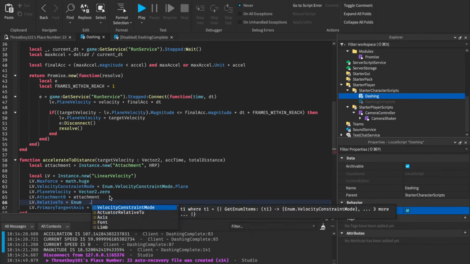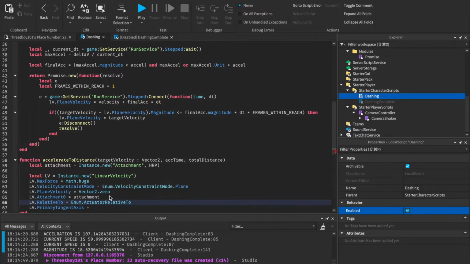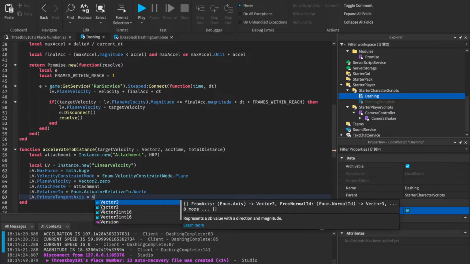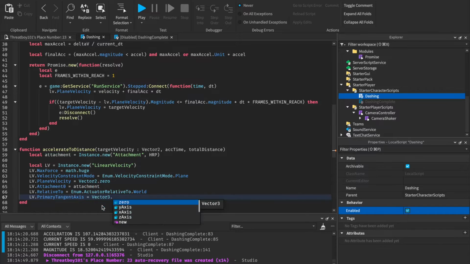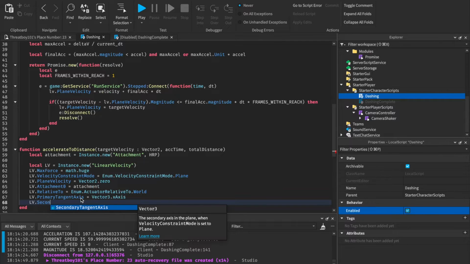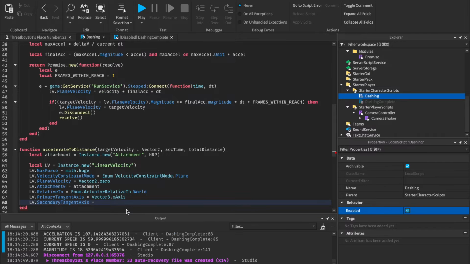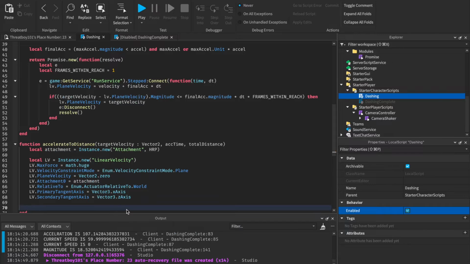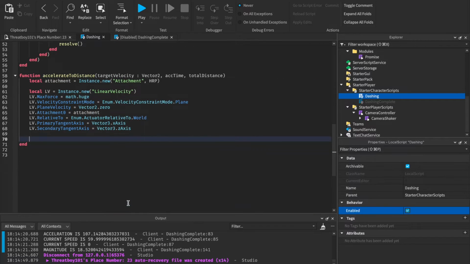We want our velocity to be specified in terms of world coordinates, and also our axes are going to be specified in world coordinates. These are the axes for the plane. So we have the x-axis and then we have the z-axis. Right.